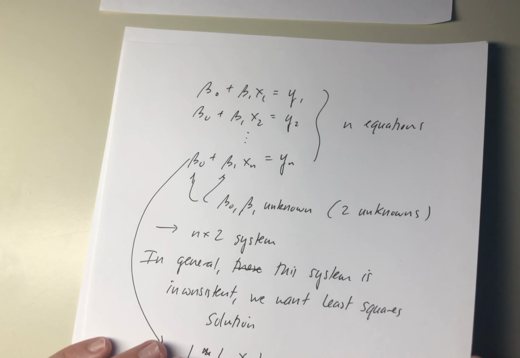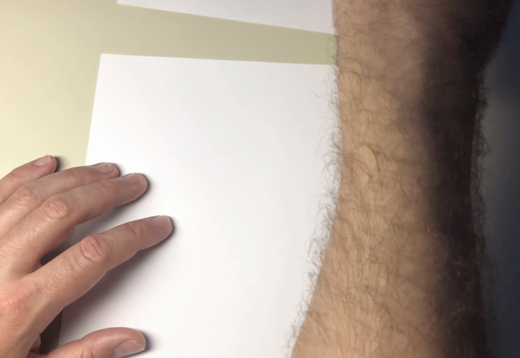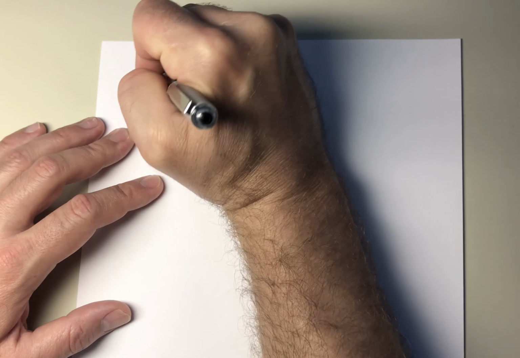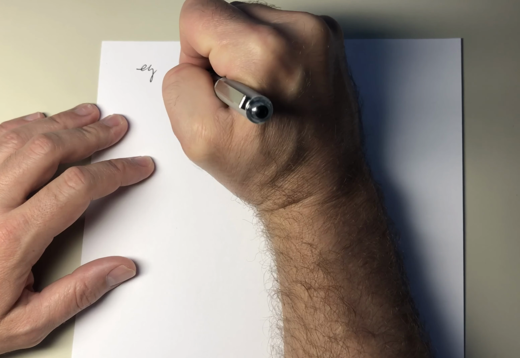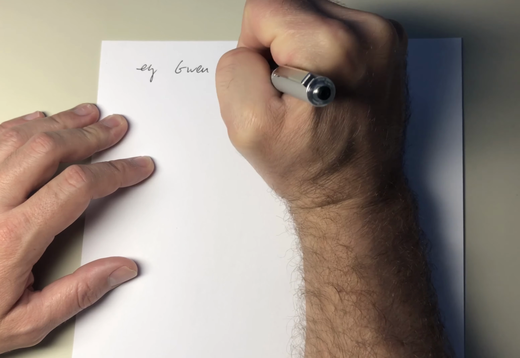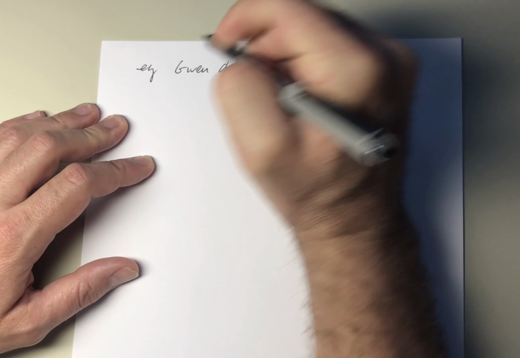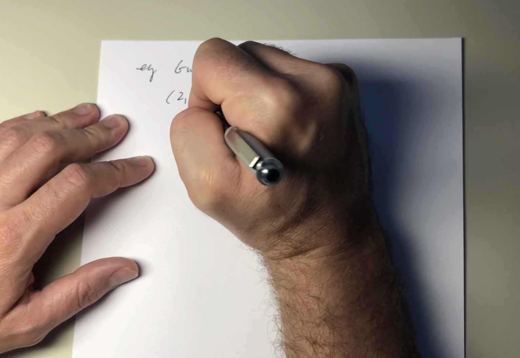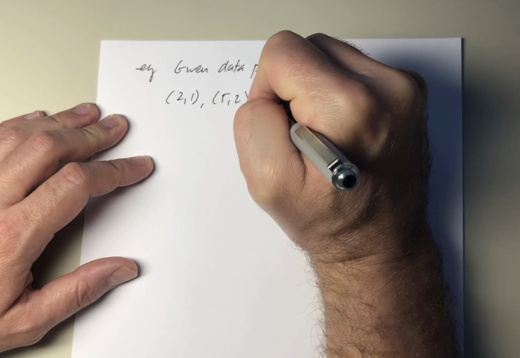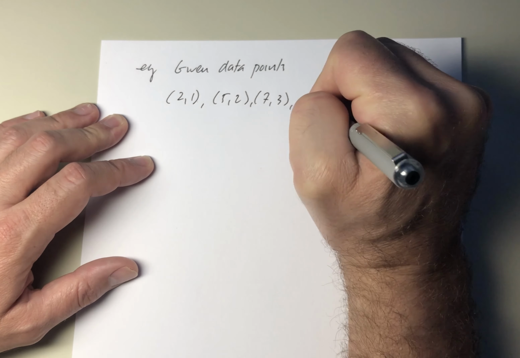So let's do an example. Let's say we're given data points (2, 1), (5, 2), (7, 3), (8, 3).